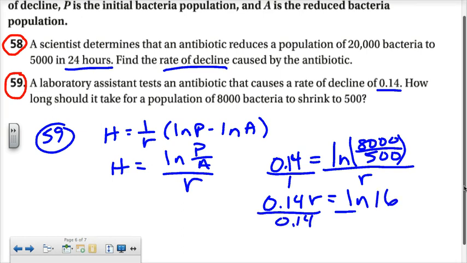And divide by the 0.14 to get your r value. So again, don't forget to punch in your parentheses. So natural log 16 parentheses divided by 0.14. If you don't finish those off, the calculator does not know to stop with all of the logarithm business. So 19.8 hours is what we see for that one.